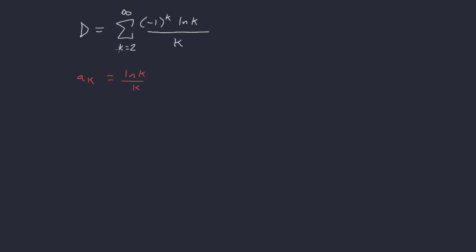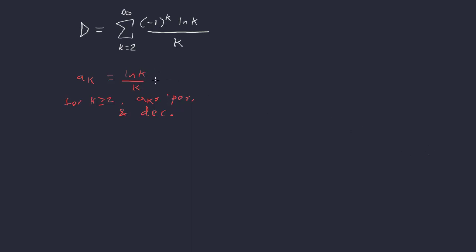Now for k greater than or equal to 2, the AKs are positive, and they should be decreasing. Okay, that's always something that we can double check if we need to. And the limit should go to 0, but let's double check that.